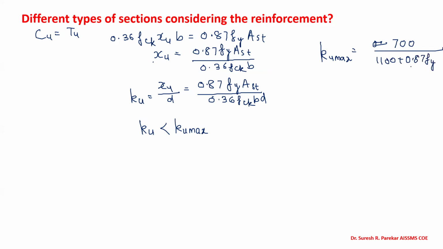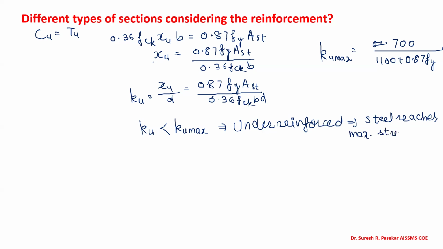Knowing the grade of steel, we can find Ku max. If Ku is less than Ku max, the section is under reinforced. Section is under reinforced means steel reaches maximum stress value first.